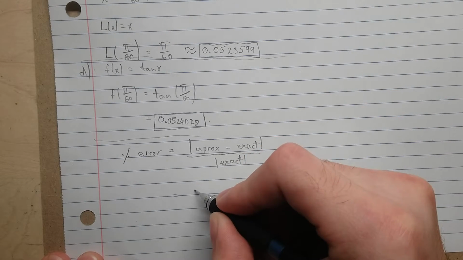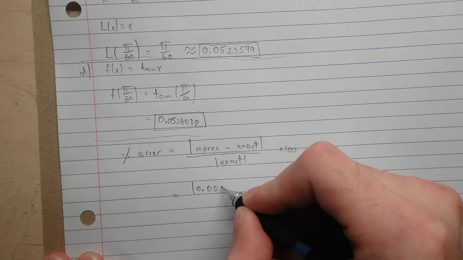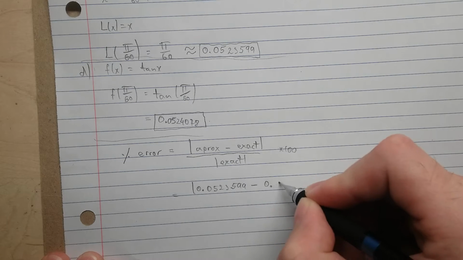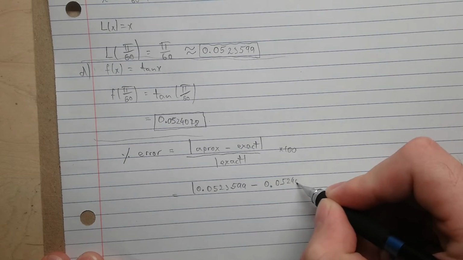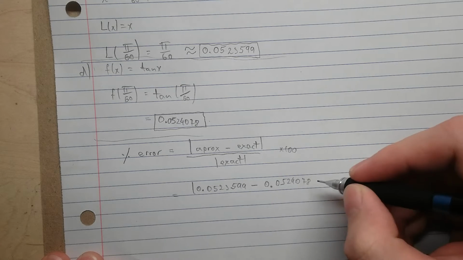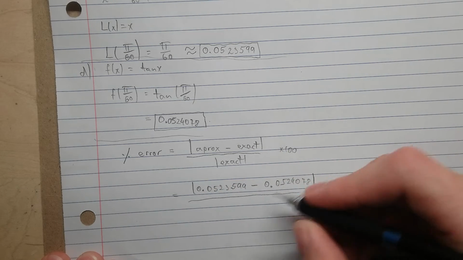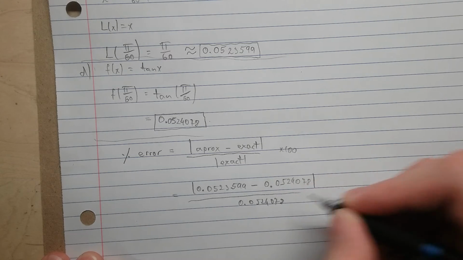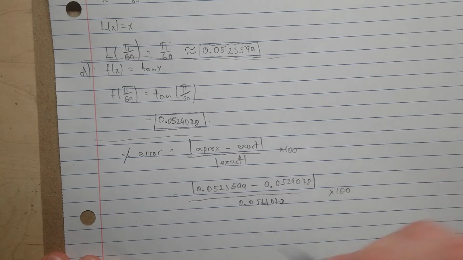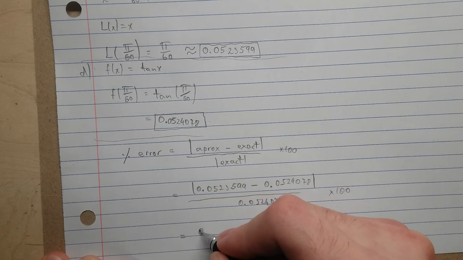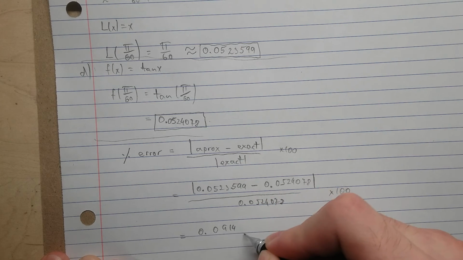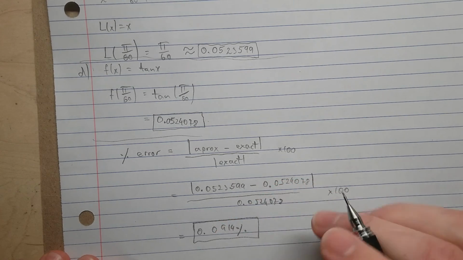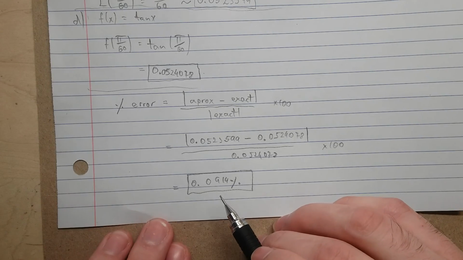So we know that's 0.0523599 minus 0.0524078, divided by 0.0524078, times 100. When we calculate this, we get 0.0914% error. So as you can see in here, this is the error.